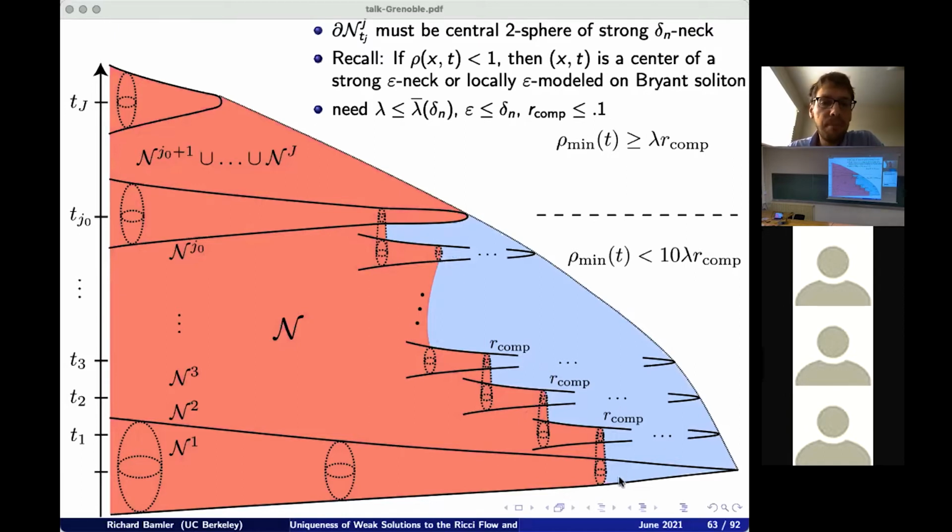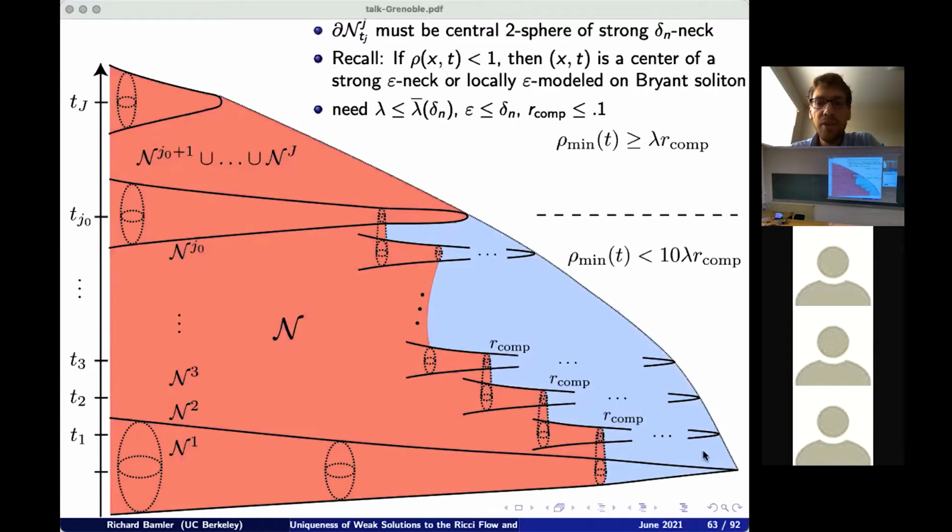And then we just construct these N1 and N2 and these Nj's by induction. So we start at time 0. We walk somehow to the left. Maybe we walk up one time step. And we go until we find a two-sphere of size approximately R comp.